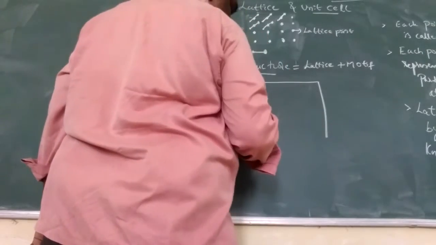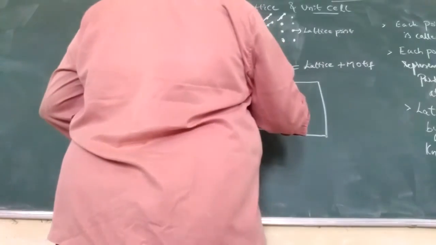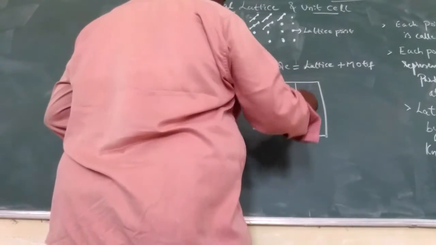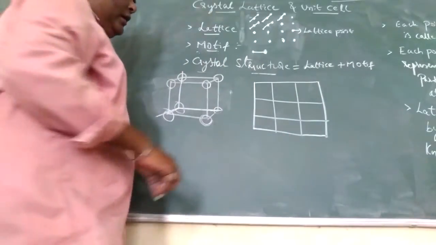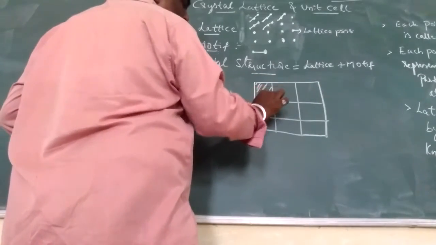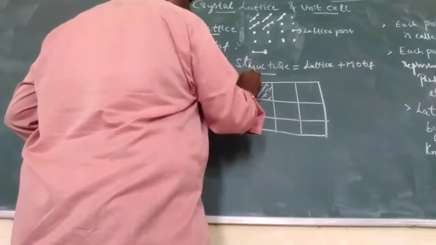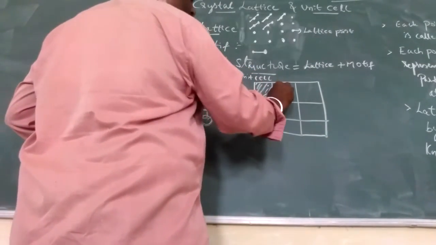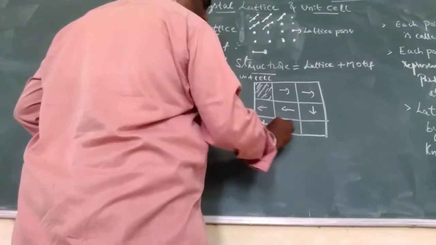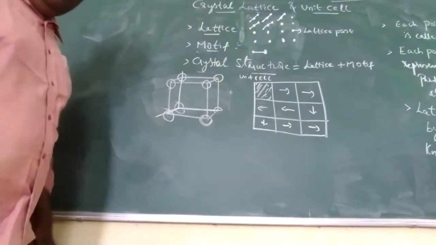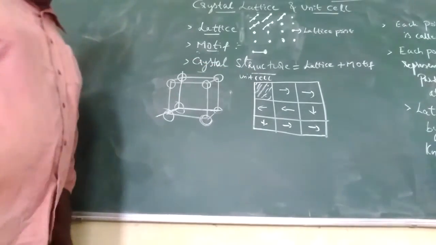This is one crystal structure, and these crystal structures are divided into further blocks. Each block of a crystal structure represents one unit cell, arranged in a regular pattern. Understood? This is about the unit cell.